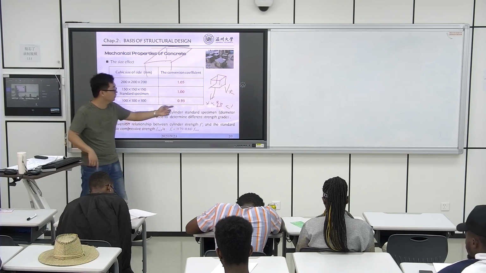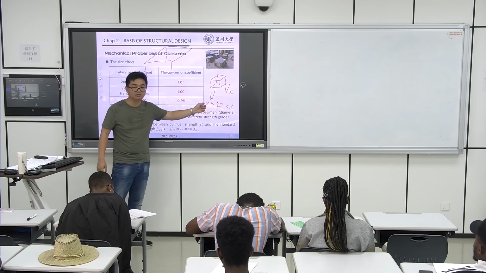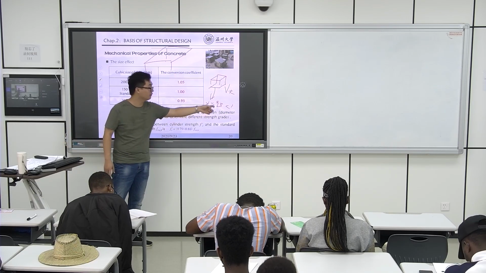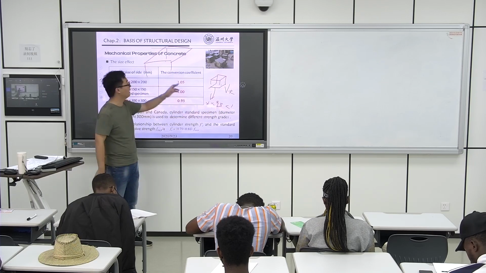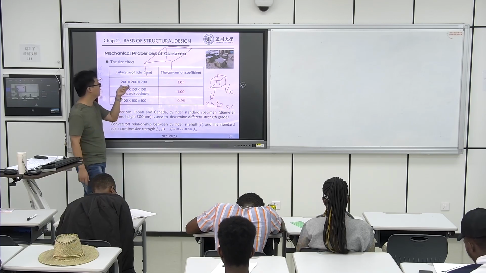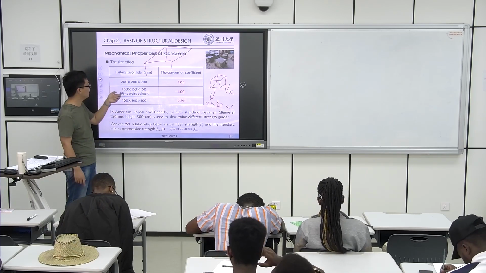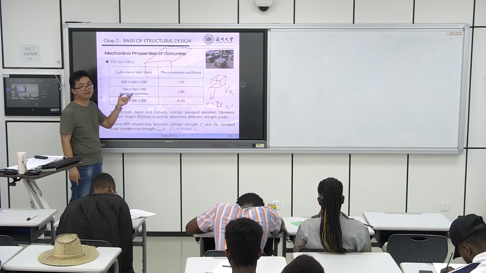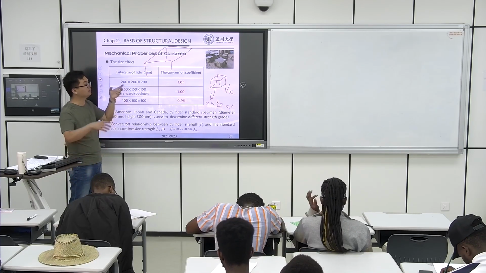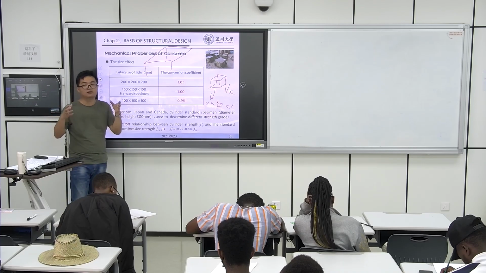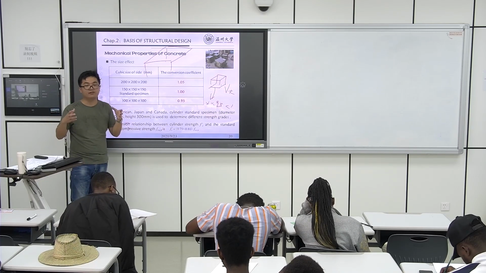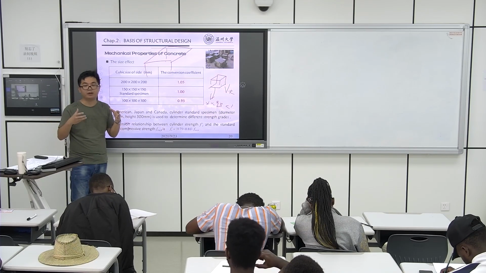So here we multiply by a coefficient smaller than 1. And for the 200, because the size is larger than the standard specimen, this larger specimen is affected only a little by the friction.